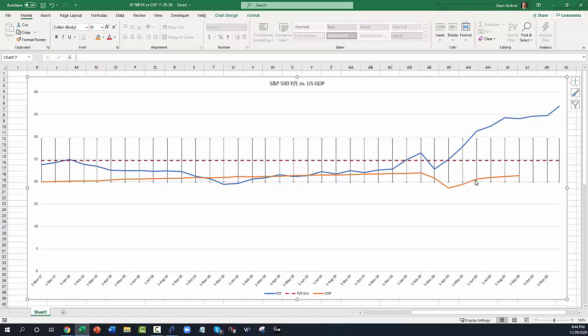But from the beginning of the pandemic till now, it's come up a little bit, but kind of to historic levels. There's no big uptake in GDP. So you have to wonder, and this is the beginning of my question, what justifies a historically high PE ratio in the S&P 500? Because earnings have to come up dramatically at these prices.